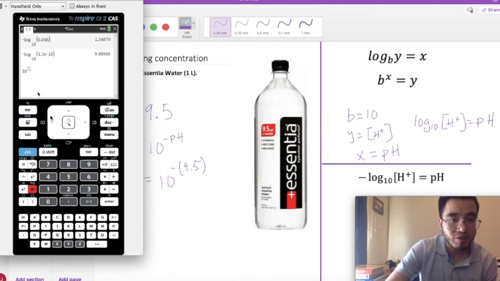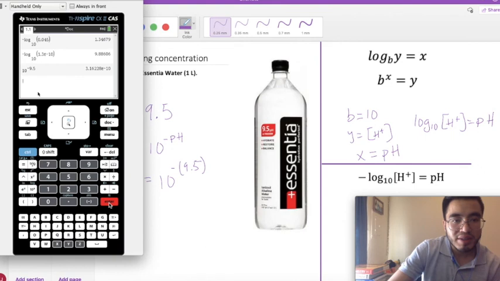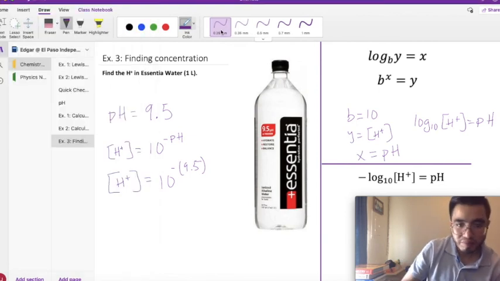You can see 10 raised to an exponent. And don't forget the negative sign. It is very important. So negative 9.5. Press enter. So 3.16 times 10 to the negative 10. So let's write it.